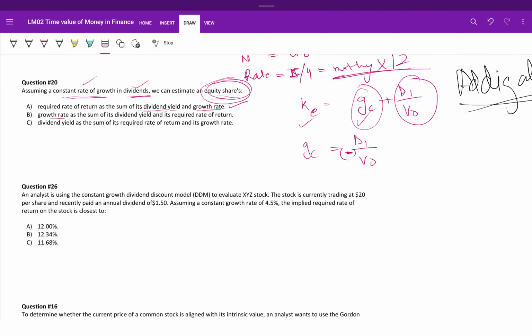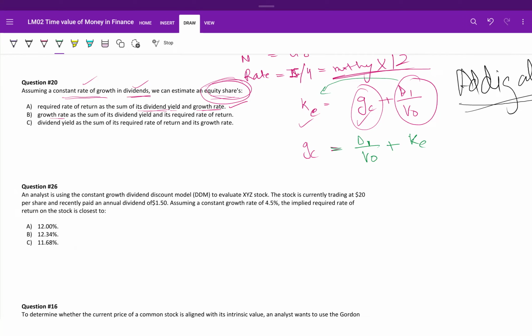Now understand what they are saying. The option is saying growth rate as the sum of dividend yield, where dividend yield is D1 divided by V0, and required rate of return, KE. But if I move this term here, it is going to be negative.